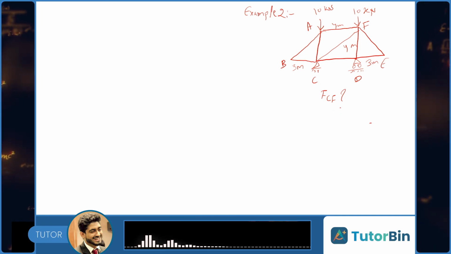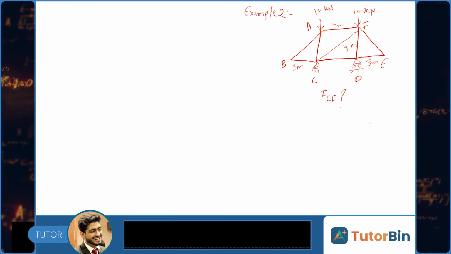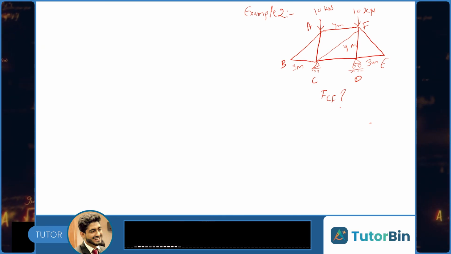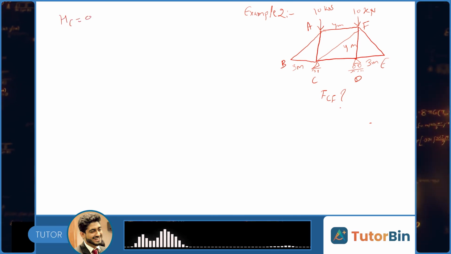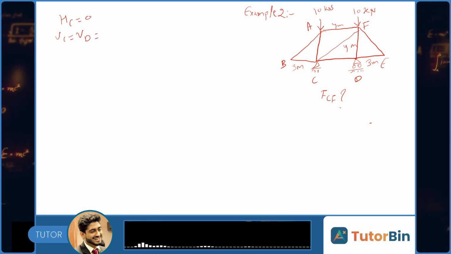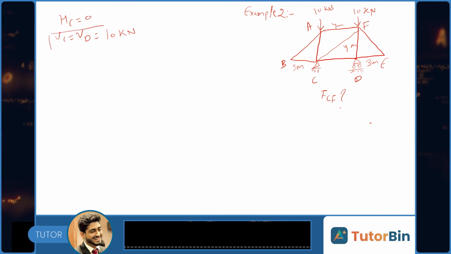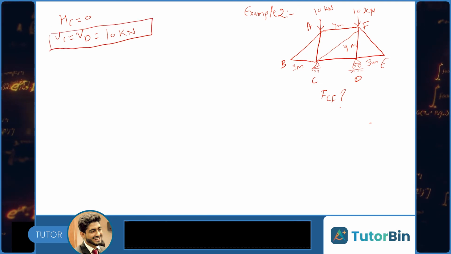And as there is no external horizontal loading and this is a roller support, so there will be no horizontal forces, and this HC will be 0. So we can write HC is 0 and VC equals to VD equals to 10 kilonewton.